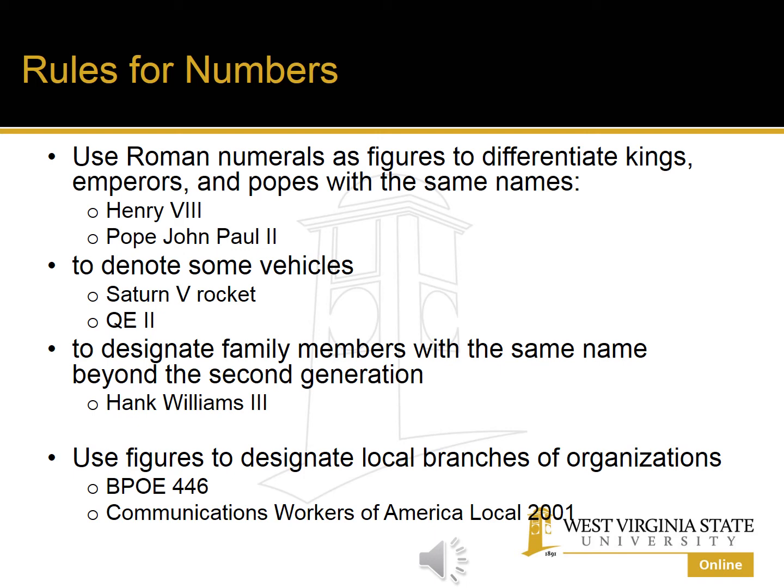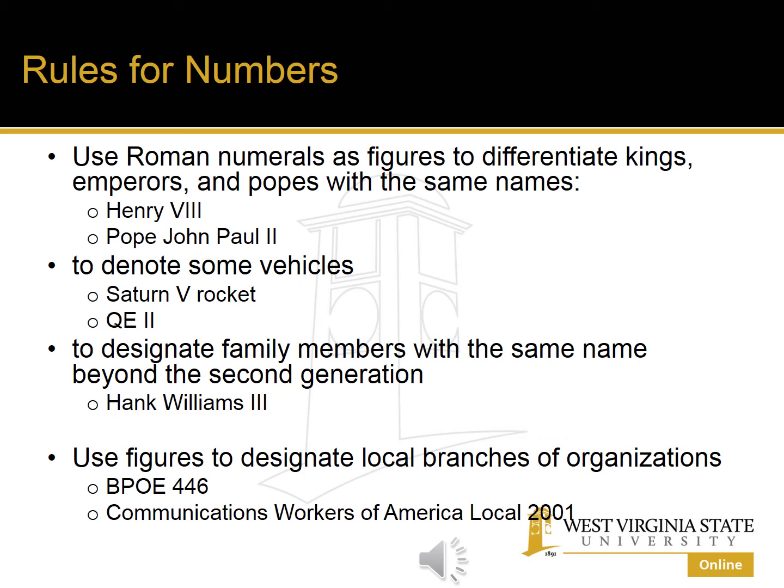And then also we can use the Roman numerals to designate family members with the same name beyond the second generation. Generally, first generation is senior, second generation is junior, and third generation would be, for example, Hank Williams III, using the Roman numeral 3.